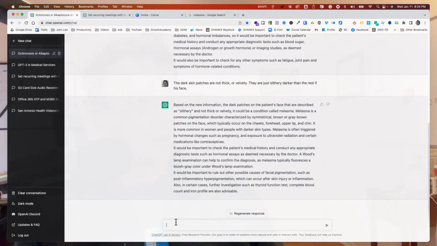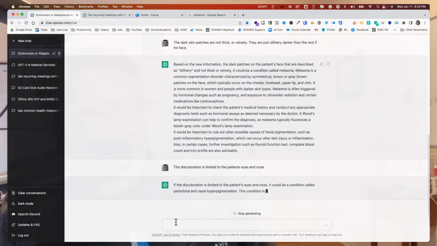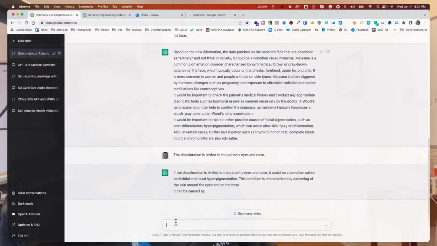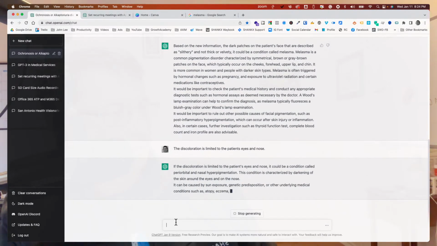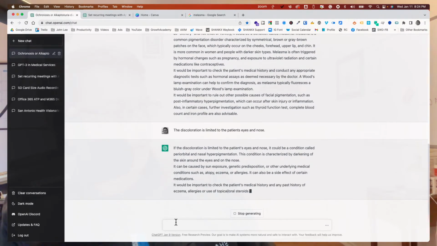So I'm going to say the discoloration is limited to the patient's eyes and nose. If the discoloration is limited to the patient's eyes and nose, it could be a condition called periorbital and nasal hyperpigmentation.